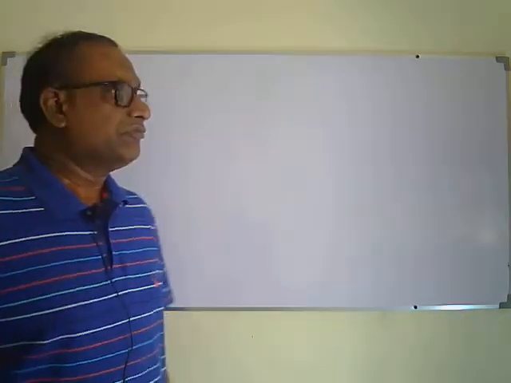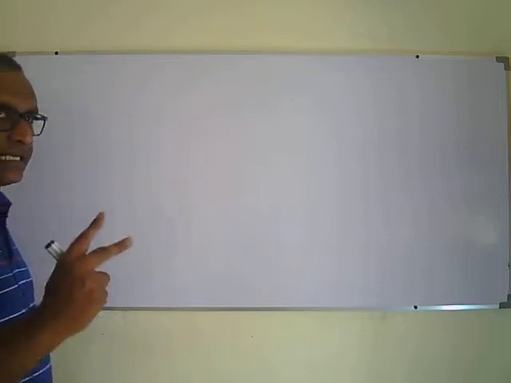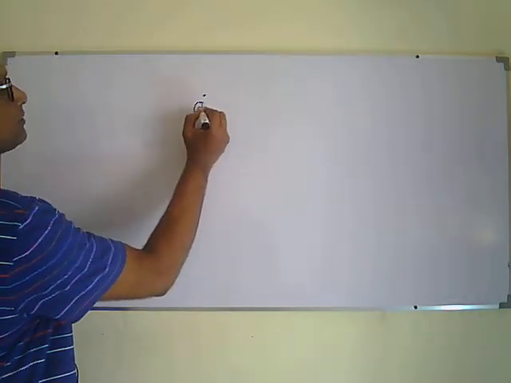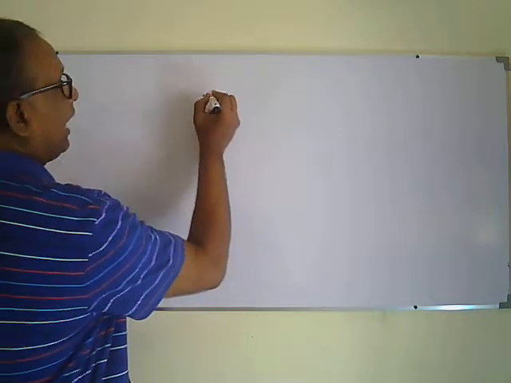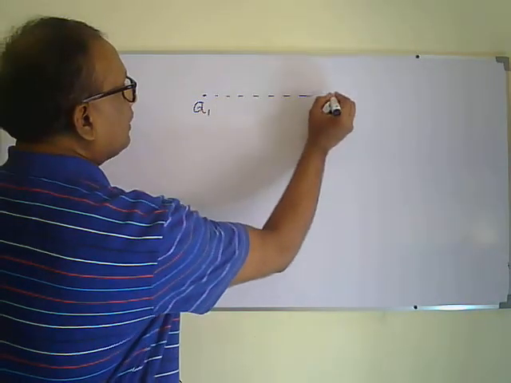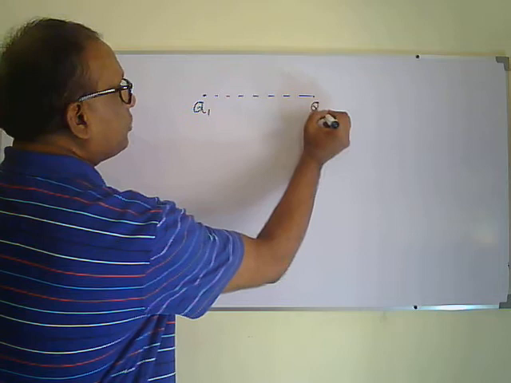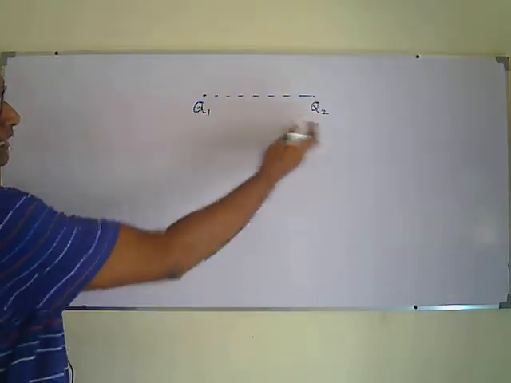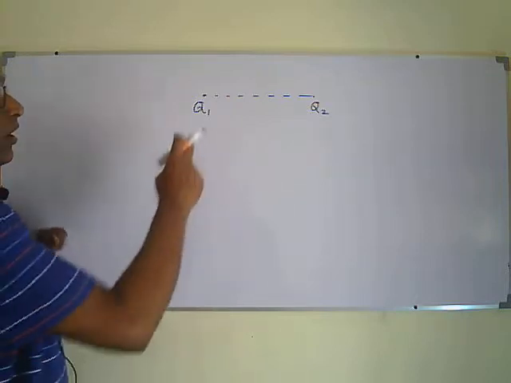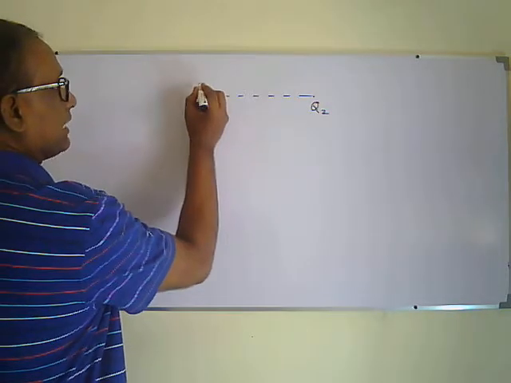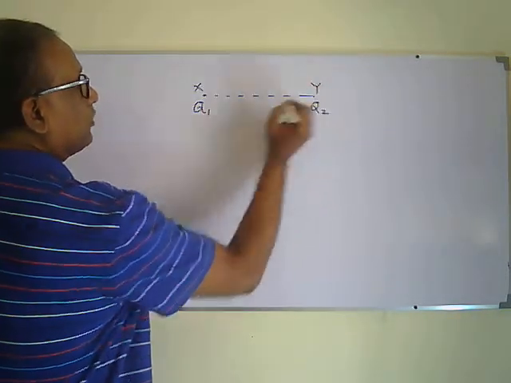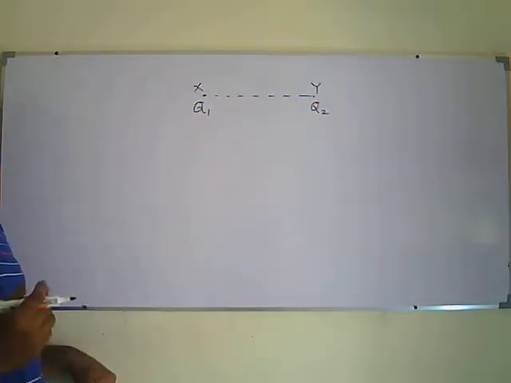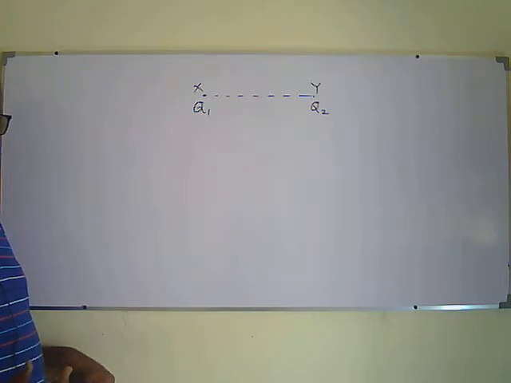For example, if I consider two positive point charges in space, imagine this is Q1, a positive charge, and there's another point charge Q2 that is also positive. They might have different magnitudes. On the line xy, certainly there will be a neutral point.